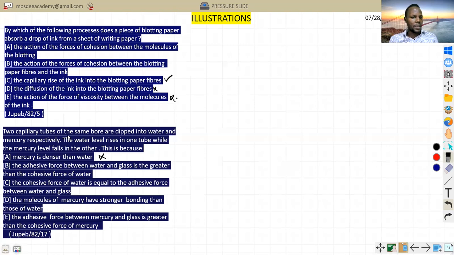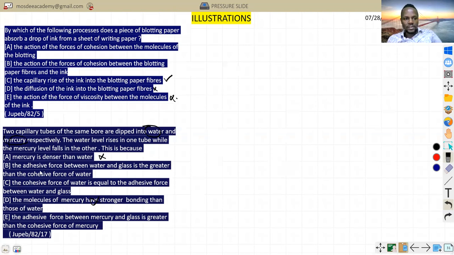Look at it. We are comparing two capillary tubes. One contains water and the other contains mercury. The water level rises in one, and it drops in the other. We know the reason for this is that the molecules have stronger bonding, but we are not talking about bonding. The adhesive force between mercury and glass is greater than the cohesive force of mercury?